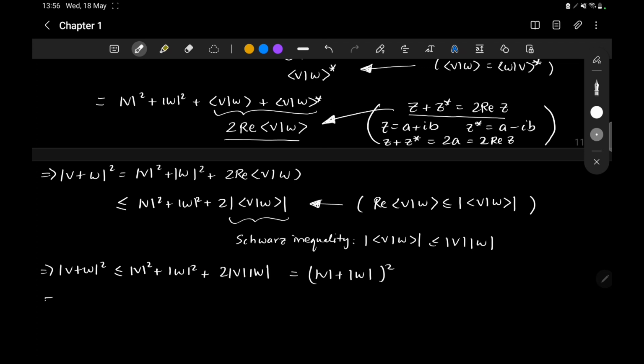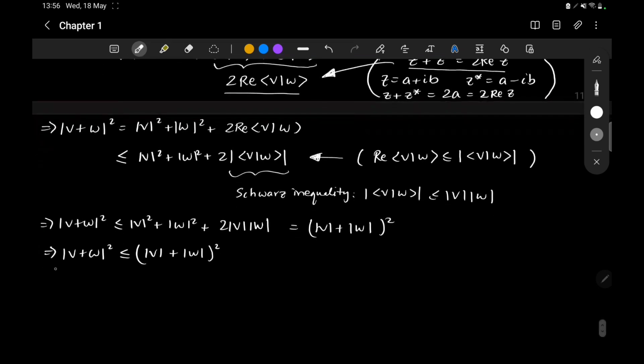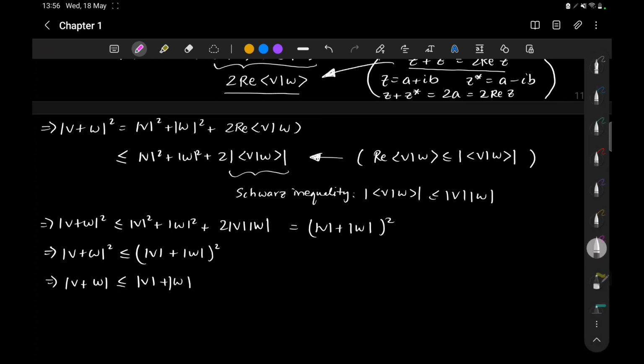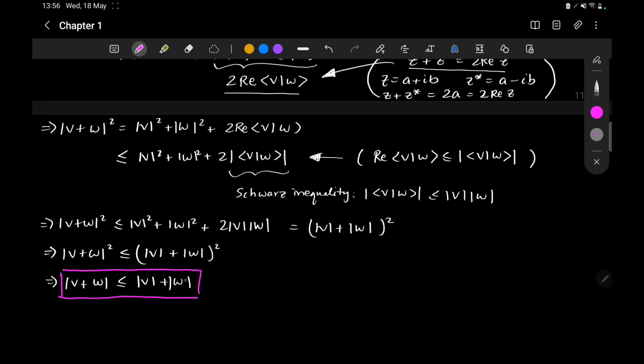So finally what we have is, and then taking square root on both sides, we get our triangle inequality. So we finally prove the triangle inequality as follows, and we have obtained the result that we wanted.